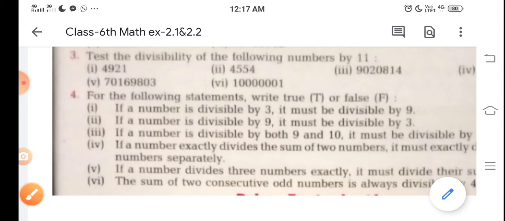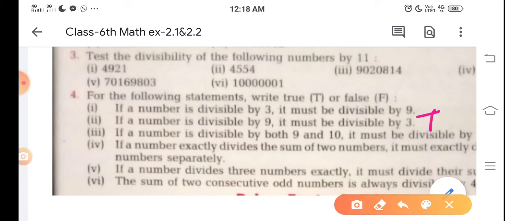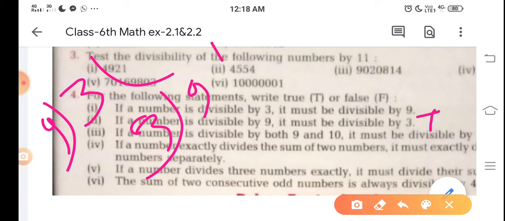Okay, next here, second question: if a number is divisible by 9, it must be divisible by 3. That's right. So some student says, how? If you multiply 3 with 3 you get 9, so it is divisible; if you divide 9 by 3, that's divisible.